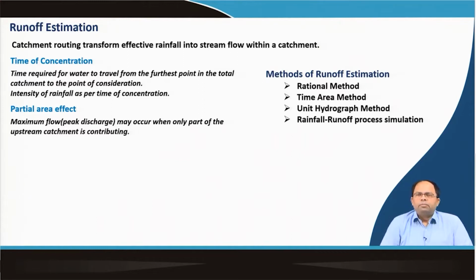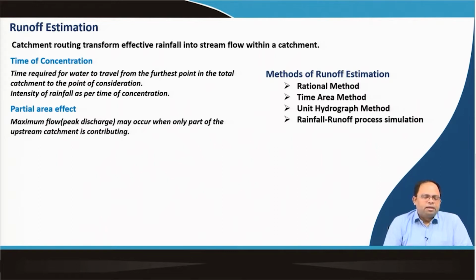So, it is not only the surrounding area, but also all upstream areas that need to be considered. The time required for water to travel from the furthest point involves the entire catchment and all upstream areas, not only the area adjacent to this particular inlet.